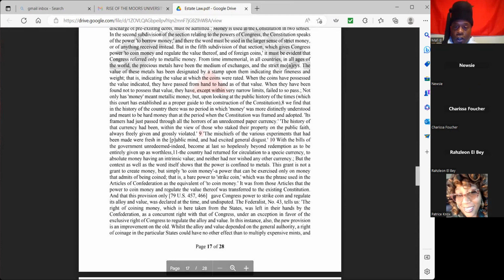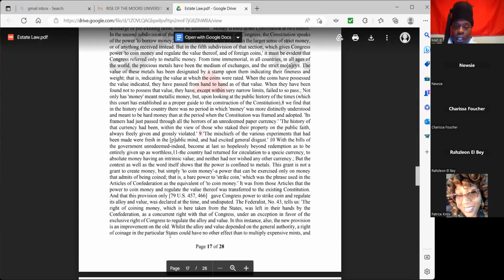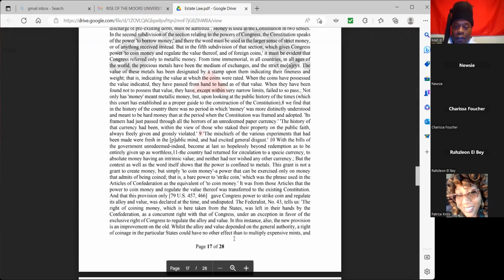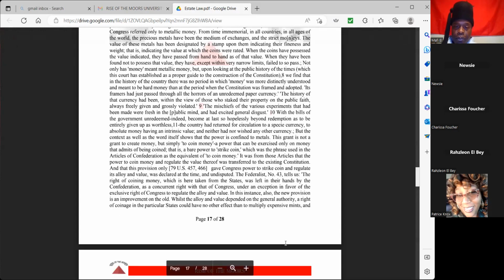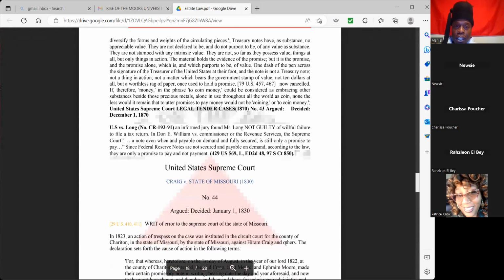In this instance, also, the proper provision is an improvement on the old, whilst the alloy and value depend on the general authority. A right of coinage in the particular states could have no other effect than to multiply expensive mints, and diversify the forms and weights of the circulation pieces.